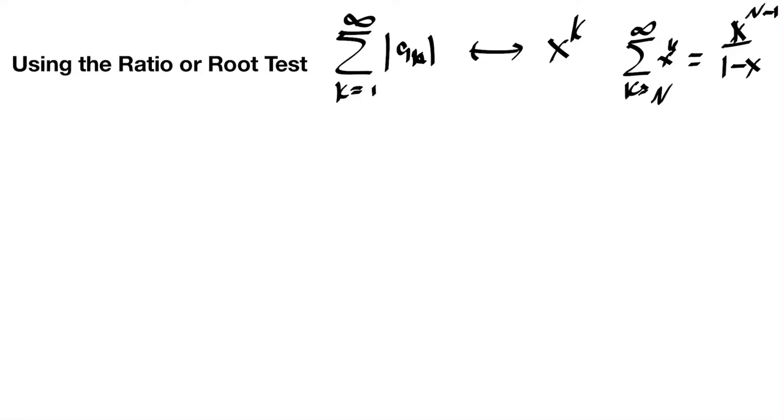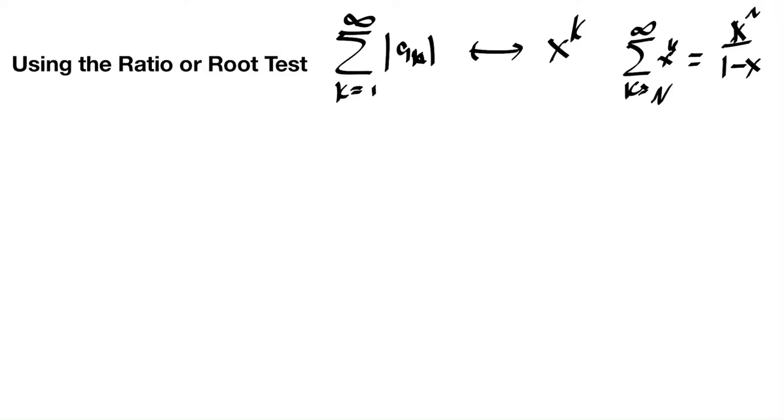Wait, no, it needs to be plus 1. Yeah, okay, that makes sense. So we're just going to do x to the capital N plus 1 over 1 minus x, and that's going to work just fine.